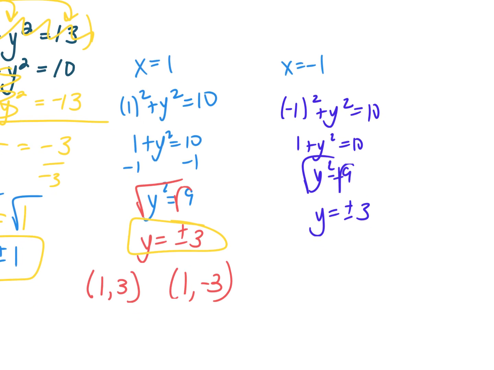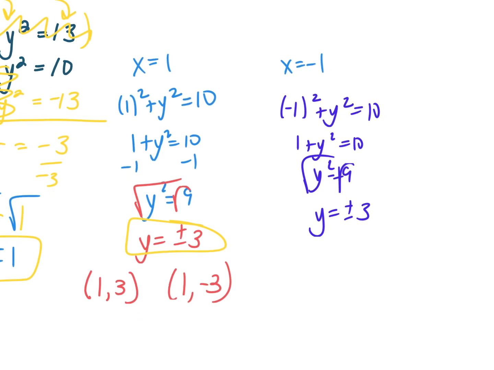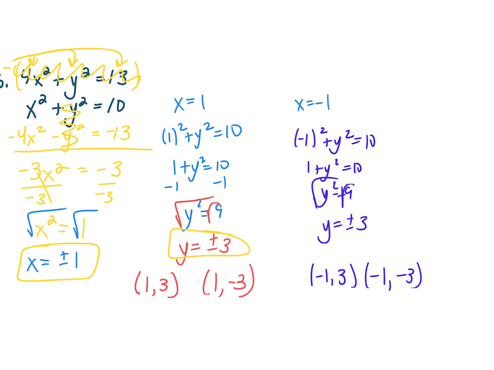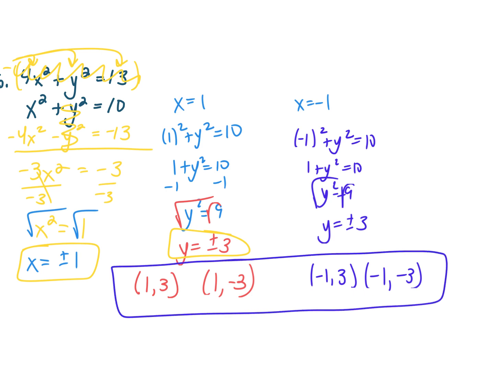Yes, but is my x value the exact same thing? No. So this is -1, 3 and -1, -3. Those are 4 different solutions, 4 different places that these two, when they're graphed, intersect. Does everybody understand that? Okay, so this is what I need to see as your answer.